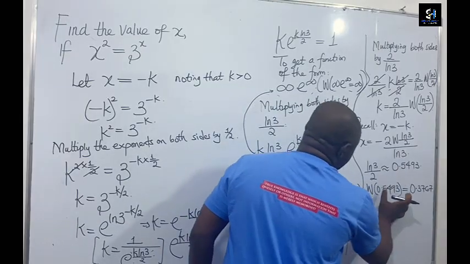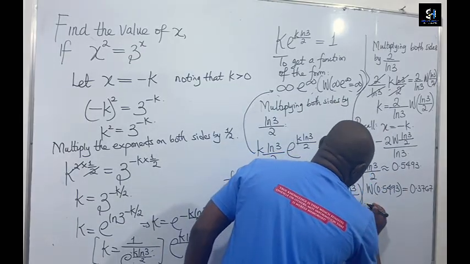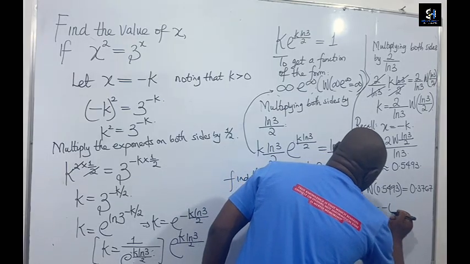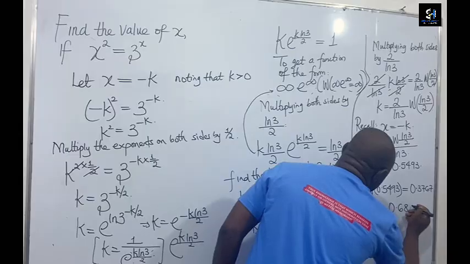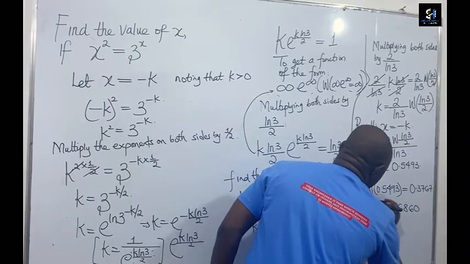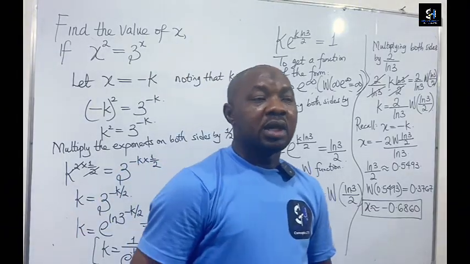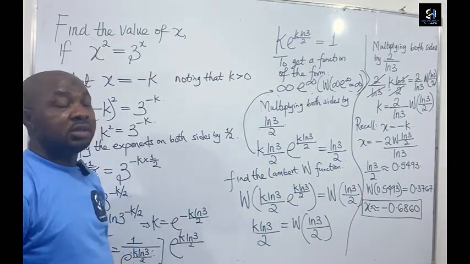Now when I plug in the values, I get my value of x. x is approximately equal to 0.6860. So this is the value of x that satisfies the equation.